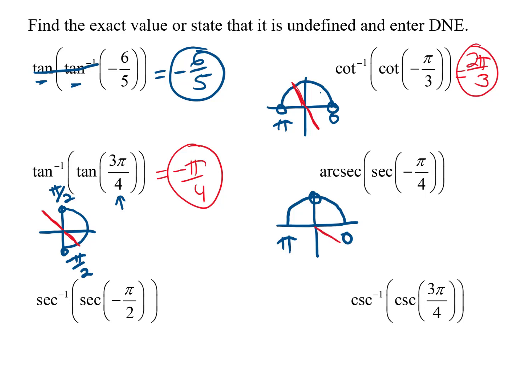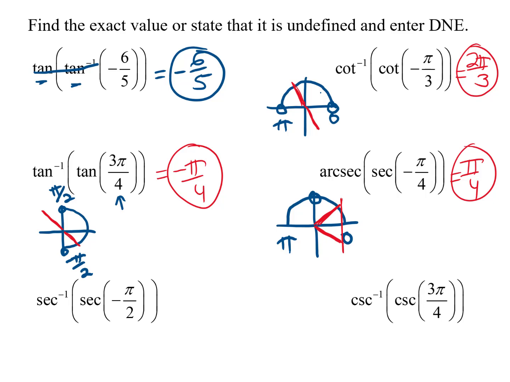It's right here, and that would be where the cosine is positive and therefore the secant is positive. So we need another angle that has that same x value, so that would be right here in quadrant 1. So that angle would be π/4. Because secant is the reciprocal function for cosine and cosine was the x value, we need to find the one that had the same x value there.